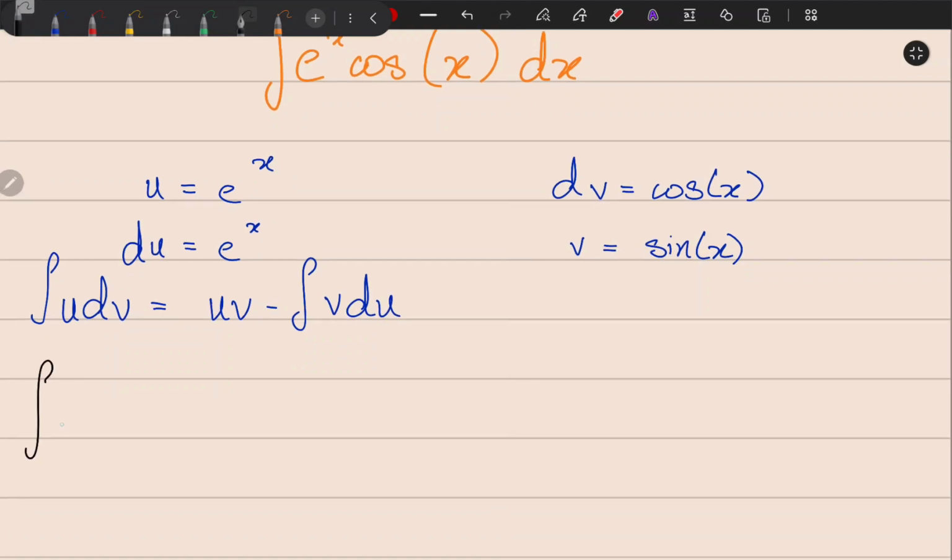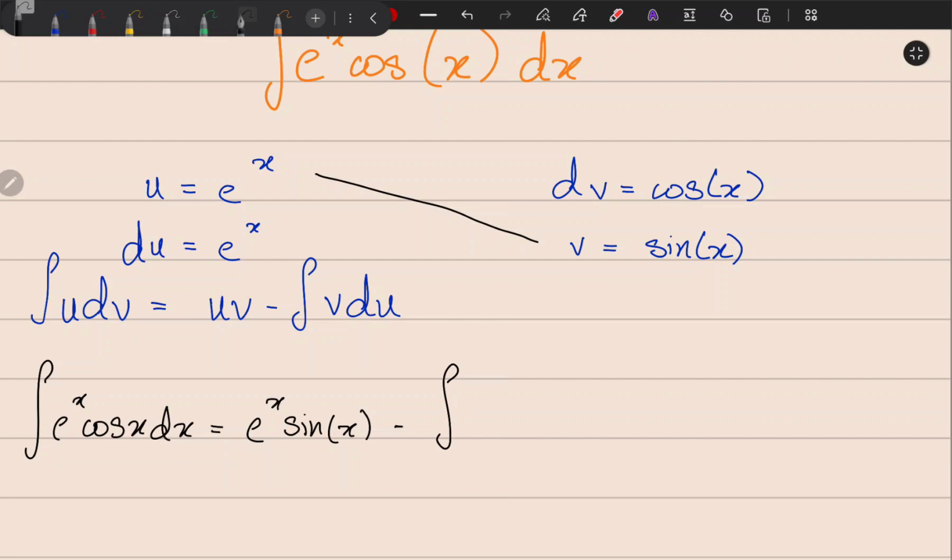The integral of e to the x cos x dx is equal to the following. uv, so this e to the x sine of x, minus the integral of v du, so this, which is e to the x, again sine x dx.